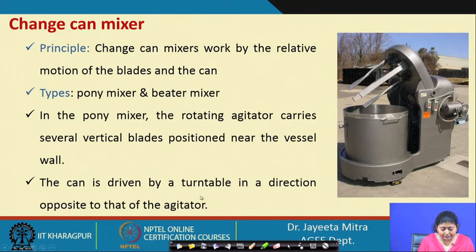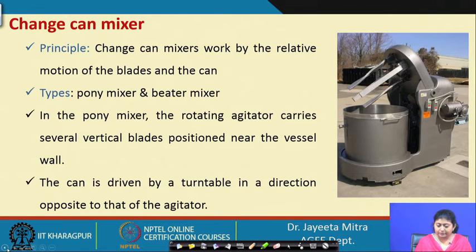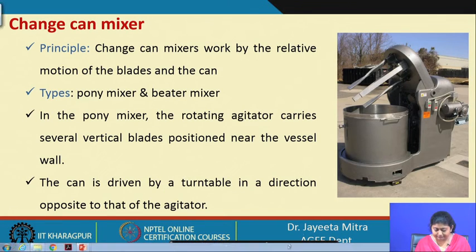The can is driven by a turntable in a direction opposite to that of the agitator, so they are rotating in opposite directions. Because of this there will be very little space between the blades and the inner side of the barrel. In that small gap the dough will be sheared, and because of this shearing action the mixing takes place.